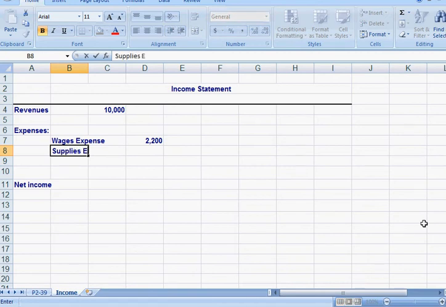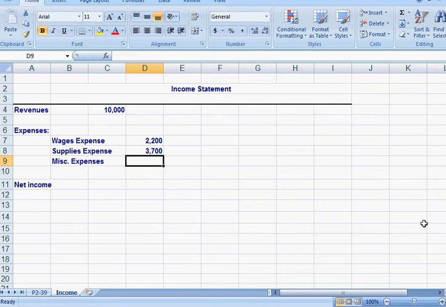Supplies, $3,700, and you can tell sometimes it gets confusing whether supplies is an asset or an expense. If it's listed in the listing of accounts as supplies, that means it's an asset. If they tag on the word expense, that means you should put it in with the expenses on the income statement. The last one is miscellaneous expenses, and that was $1,550.